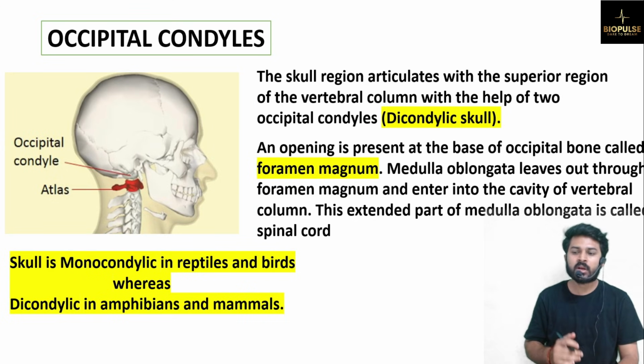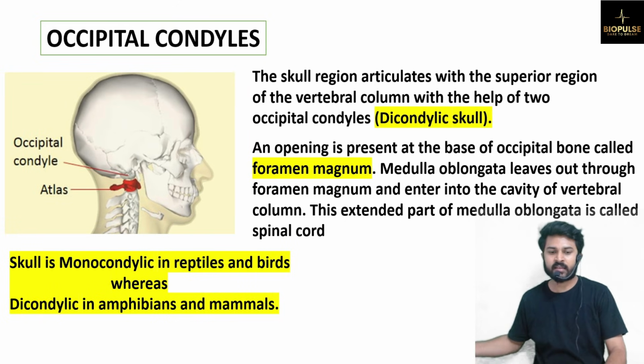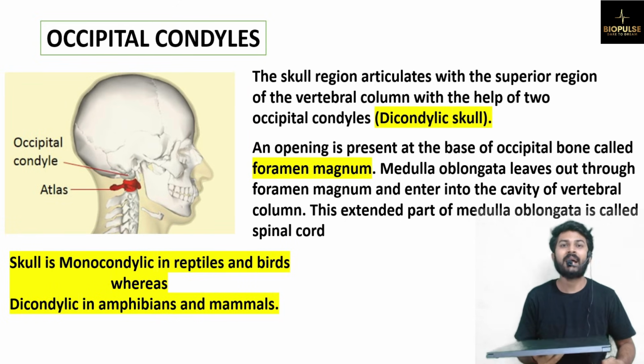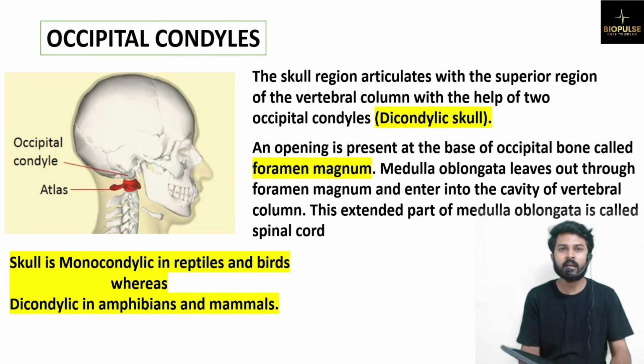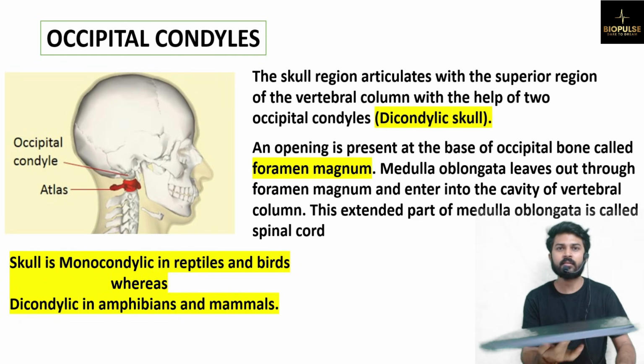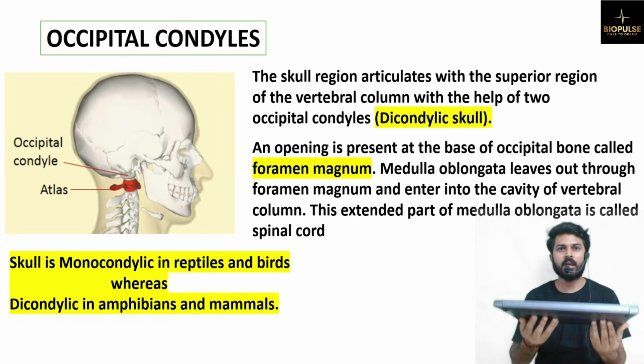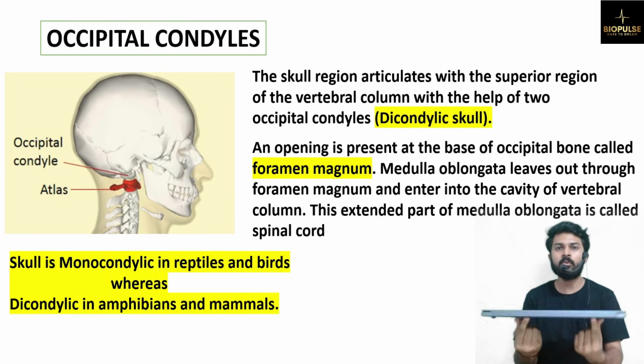Why am I not able to rotate it completely? Just imagine this is the head. If it is articulated at a single point, you can easily rotate it like this. But what if you are attaching it on both sides? Limited movement will be there, correct or not?